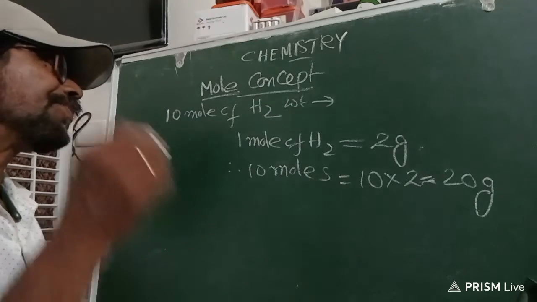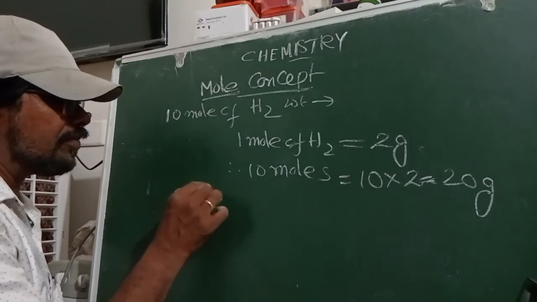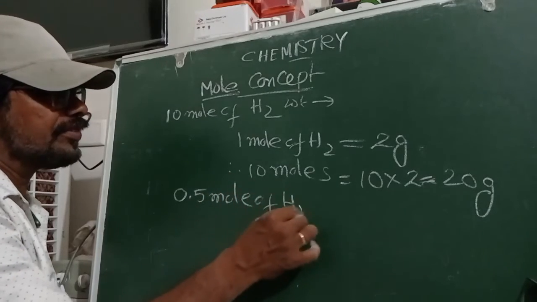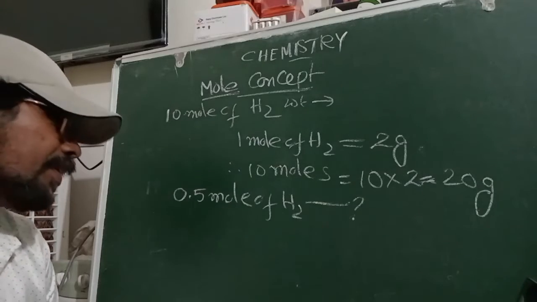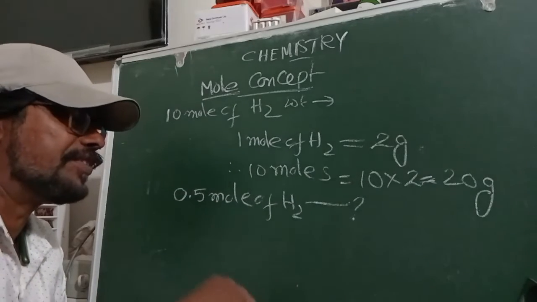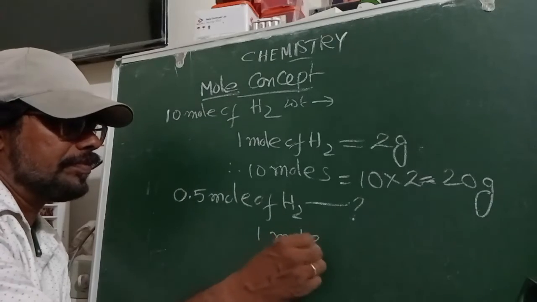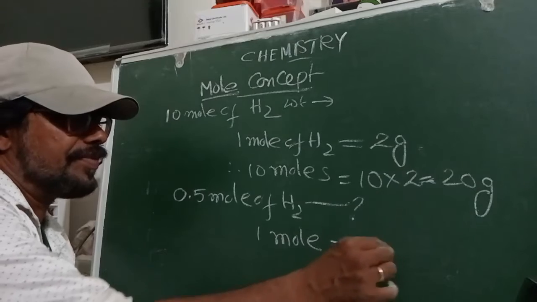Okay, understand? Suppose 0.5 moles of H2 is equal to how much? 1 mole is equal to how much? 2 grams.